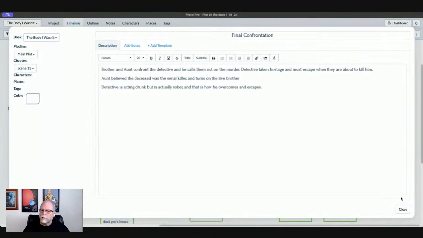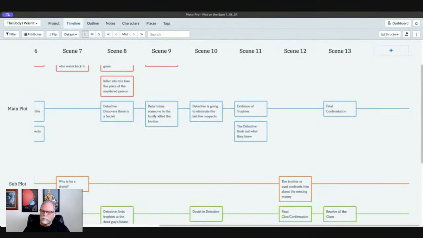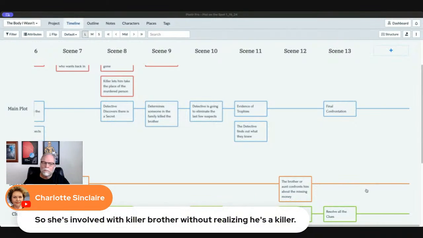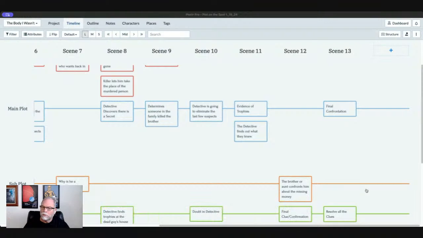So now the detective and the aunt overcome. That is actually a very cool idea. Fantastic. So she's involved with the killer brother without realizing he's a killer. That is a great final twist. We've come up with a great twist with this plot, right?